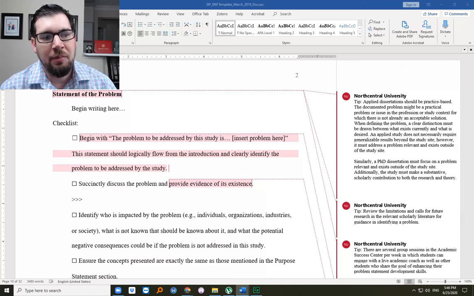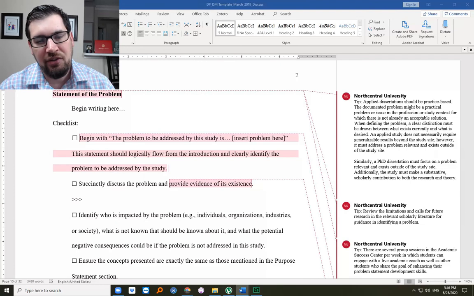They will often tell me the purpose of their study. The problem is to explore perceptions of racism in the United States or something like that. That's a hypothetical purpose of a study. That is not the problem that is driving the purpose. The purpose is the response to the problem.